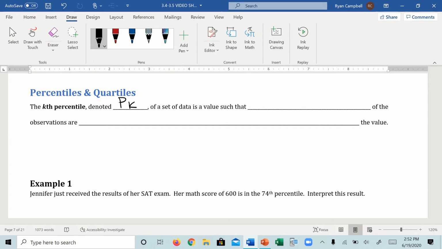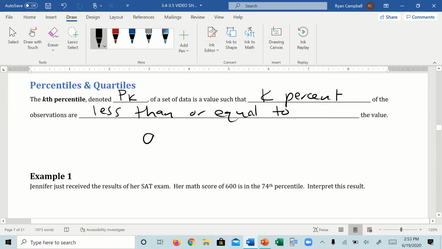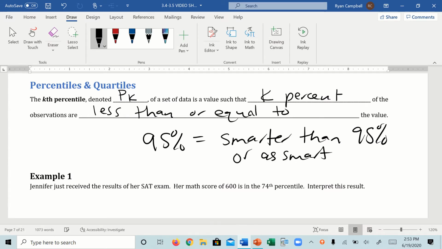This is the value such that k% of the observations are less than or equal to the value. So if you're in the 95th percentile, that means you are smarter or as smart as 95% of the people, right? You're on the top end.